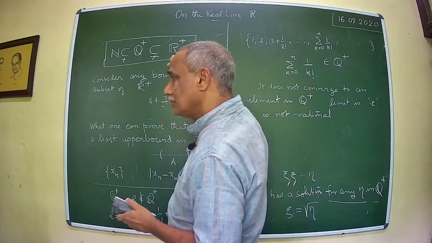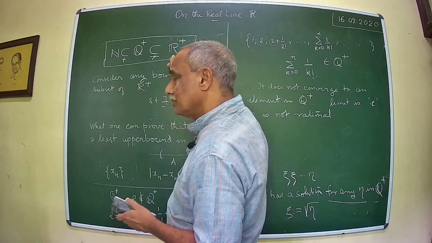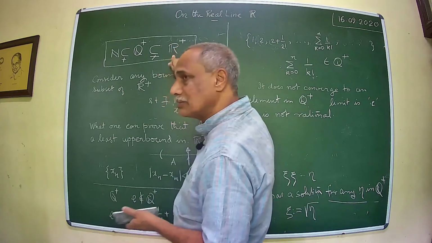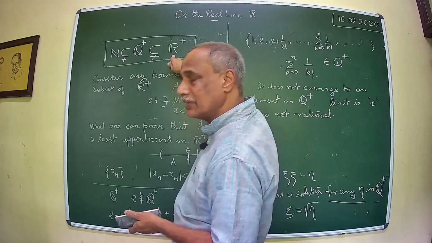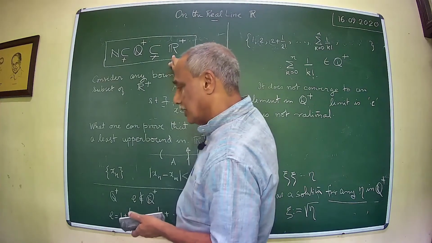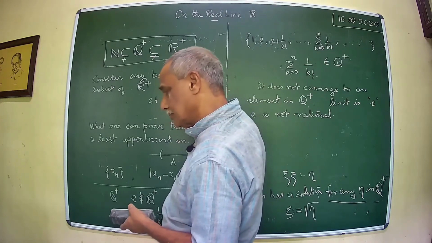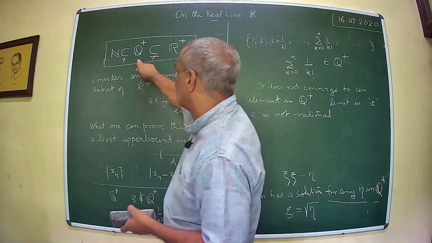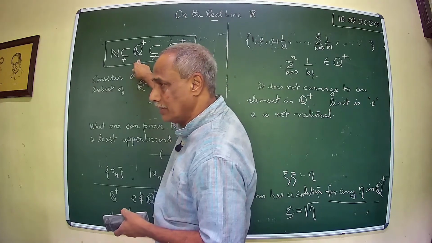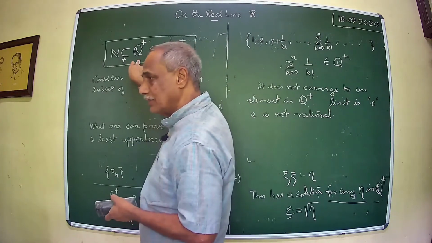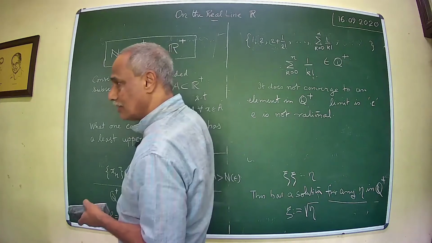So still, all those things hold, namely that there is no smallest element in R plus. We said something of that sort here: there does not exist a smallest rational number.